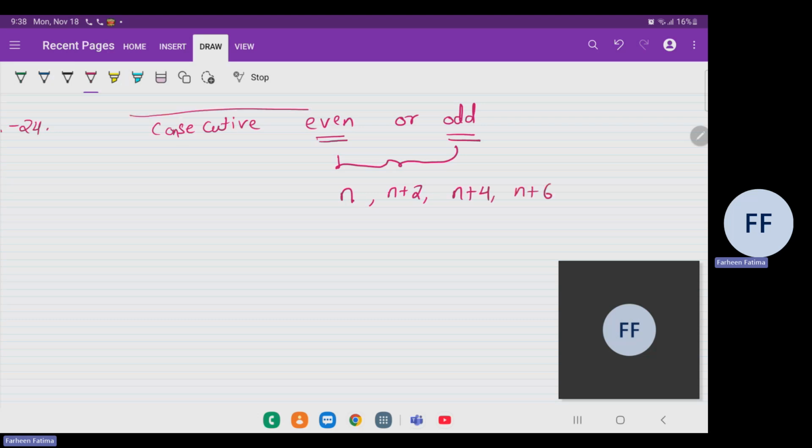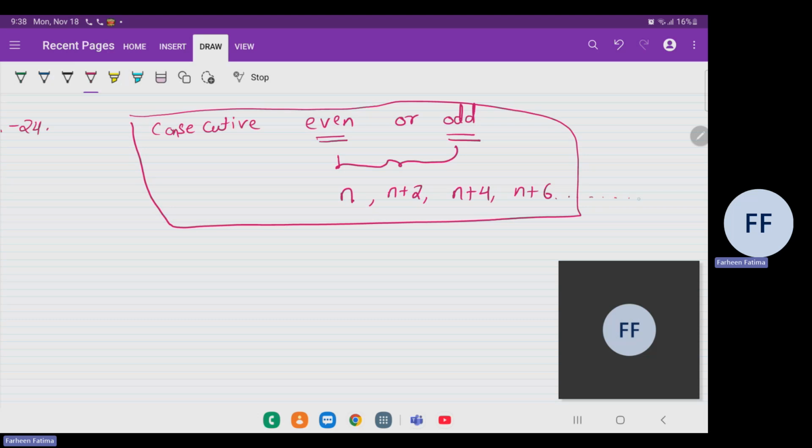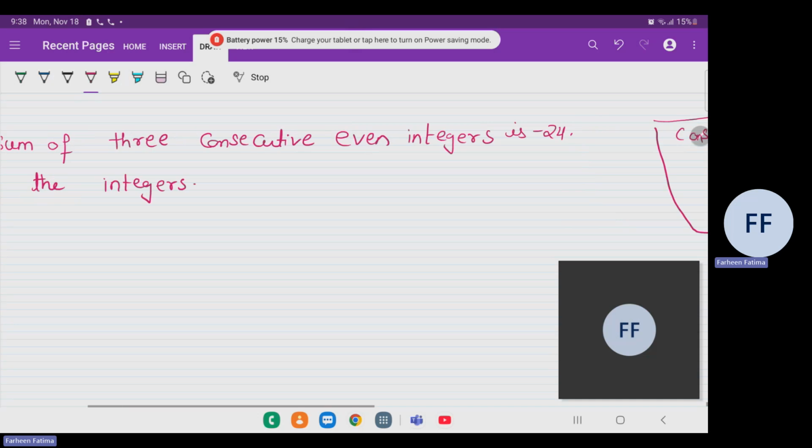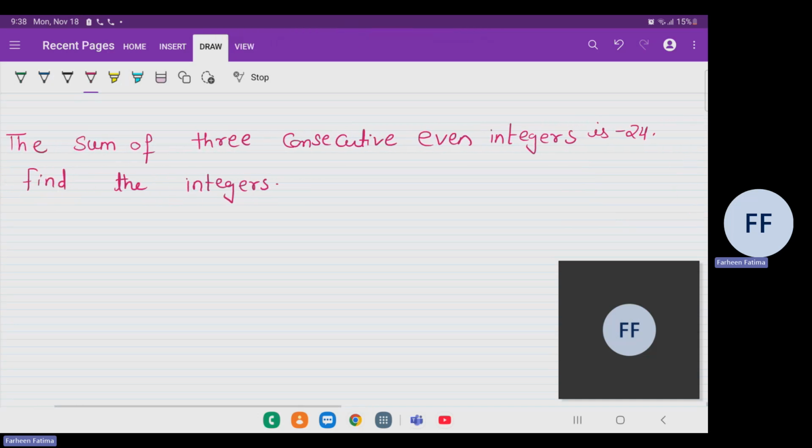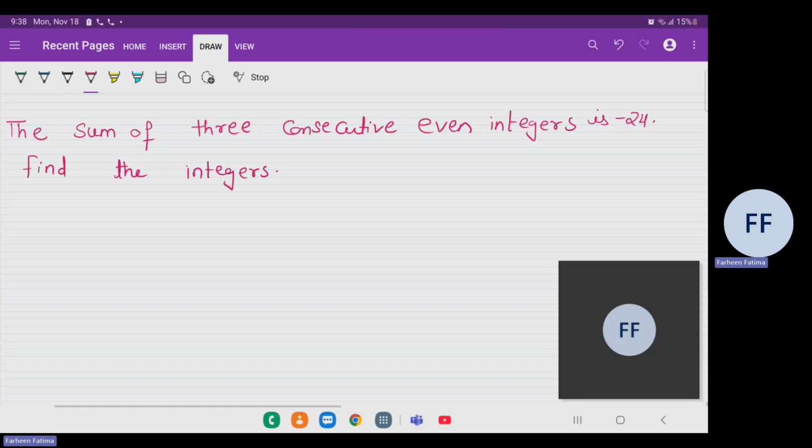Remember this one. For consecutive even or consecutive odd integers, you use the rule n, n plus 2, n plus 4, n plus 6 and so on. Now here we have to find the three consecutive even integers whose sum is minus 24.